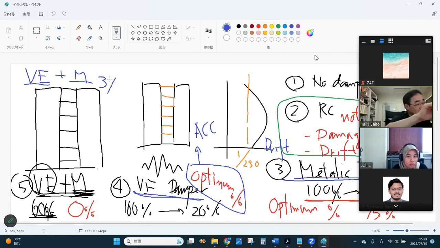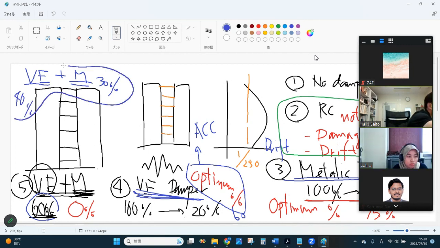I mean, the advantage is if you can reduce percentage, it means you can reduce amount of metal. And the viscoelastic, if you use only viscoelastic, 60% is optimum. But if you combine metallic damper, you can reduce.